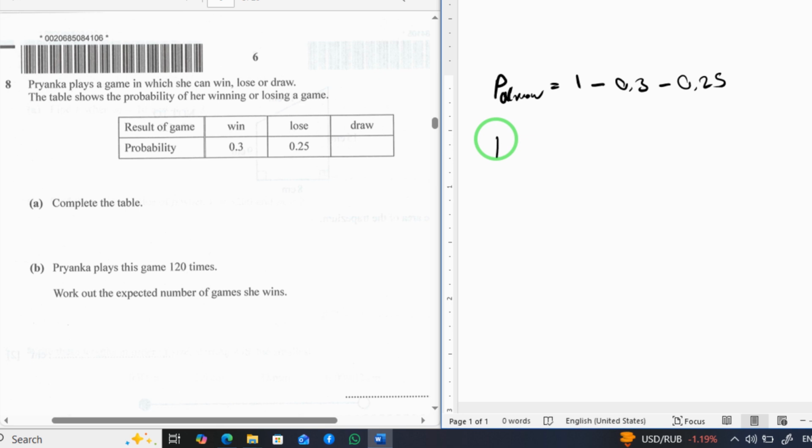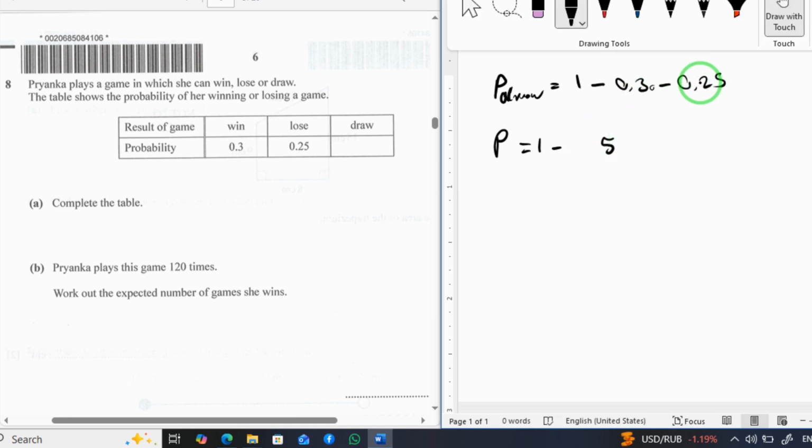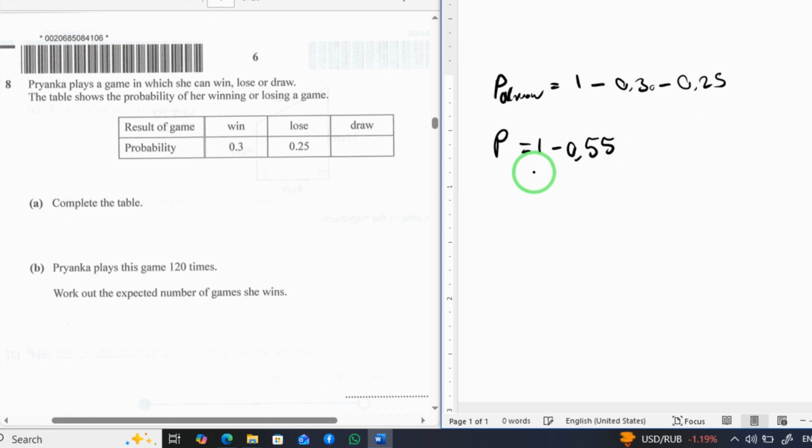We should calculate this one. So P is equal to 1 minus, first we add these two, we add 0 here because the number of decimal places must be equal. 0 plus 5, 5, and 3 plus 2 is 5, 0.